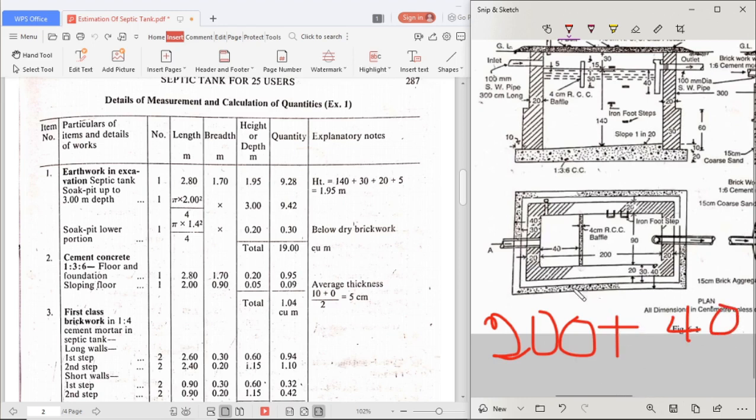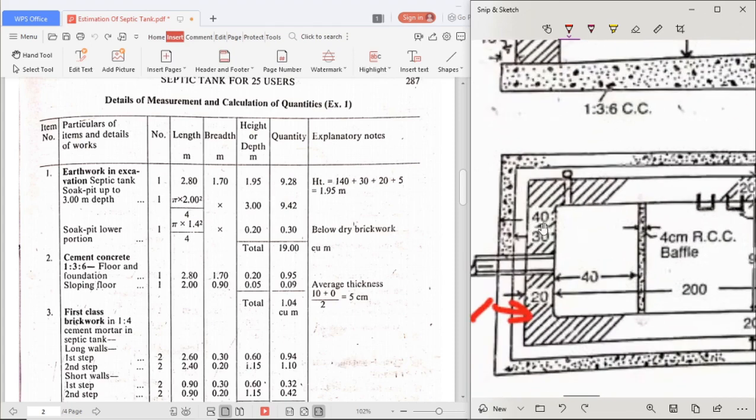Then this is also 20 plus 40. See here, the distance here is 40.